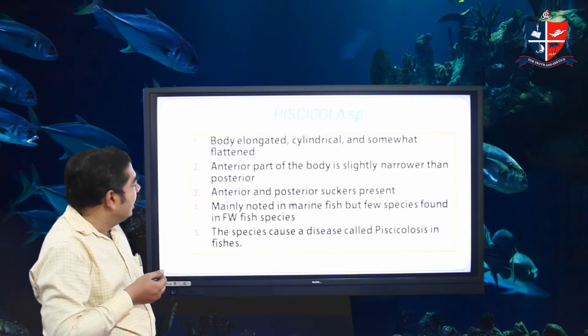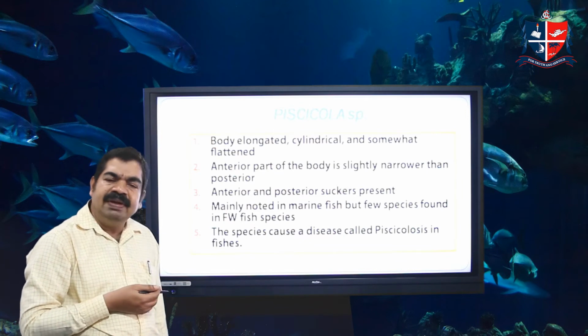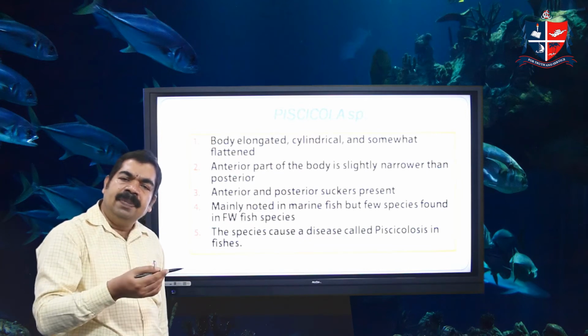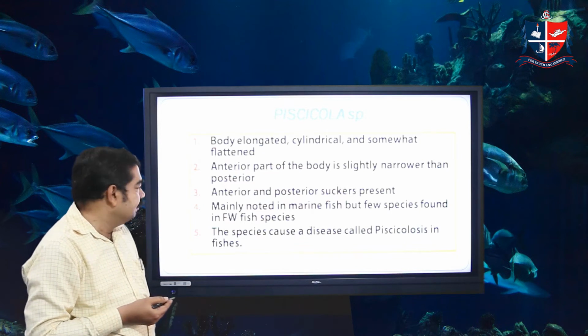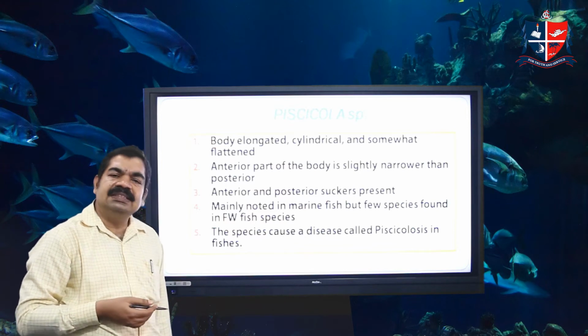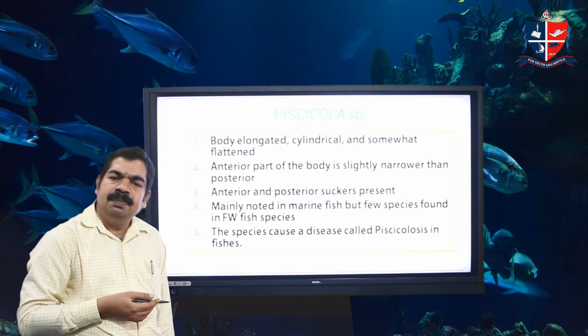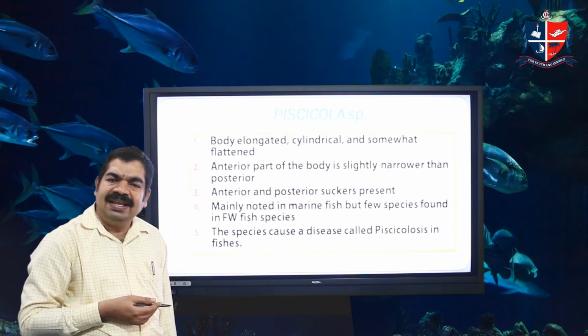The second one, the anterior part of the body is slightly narrower than the posterior. So when you are looking at the body, the anterior part will be narrower than the posterior part. Then the third point, anterior and posterior suckers are present. These suckers in leeches are definitely used for attachment to the host body.